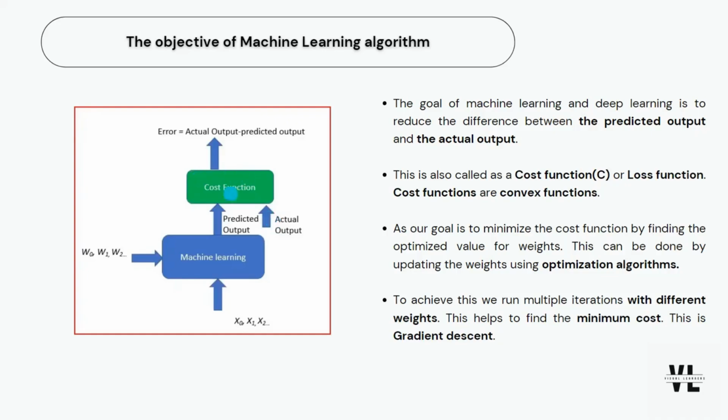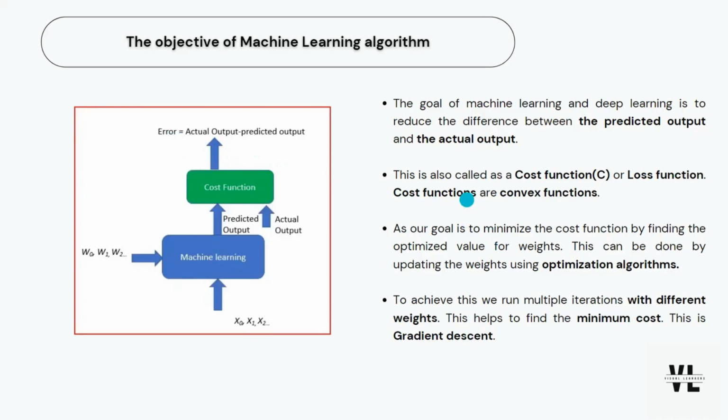And we need a cost function to tell us the difference between the predicted output and the actual output. And finally, we have to compute an error, which is going to be the difference between the actual output and the predicted output. So the cost function is the one that tells us the error made by our model.